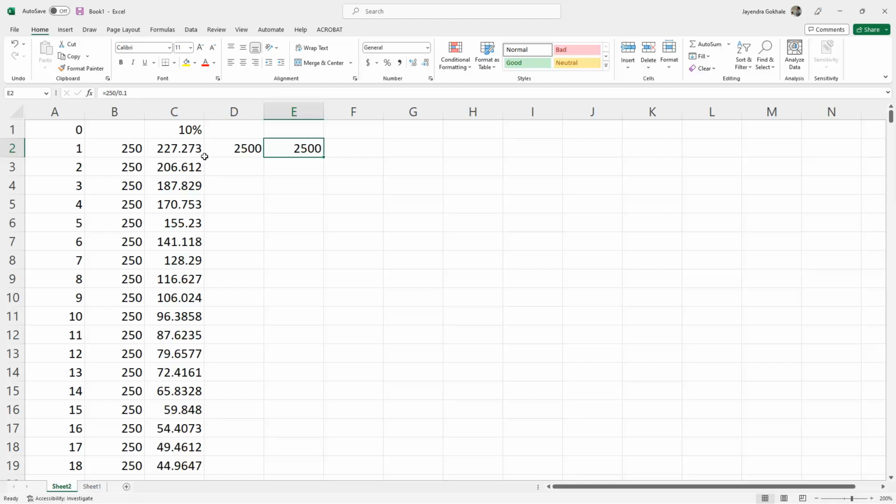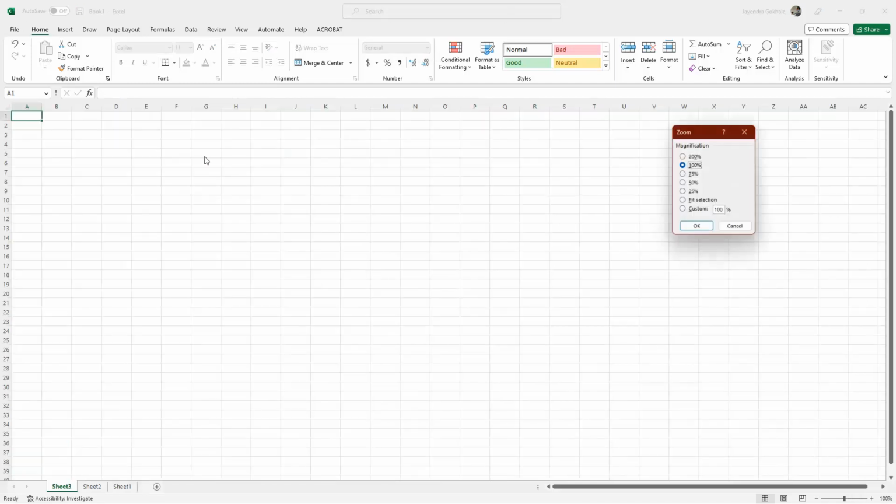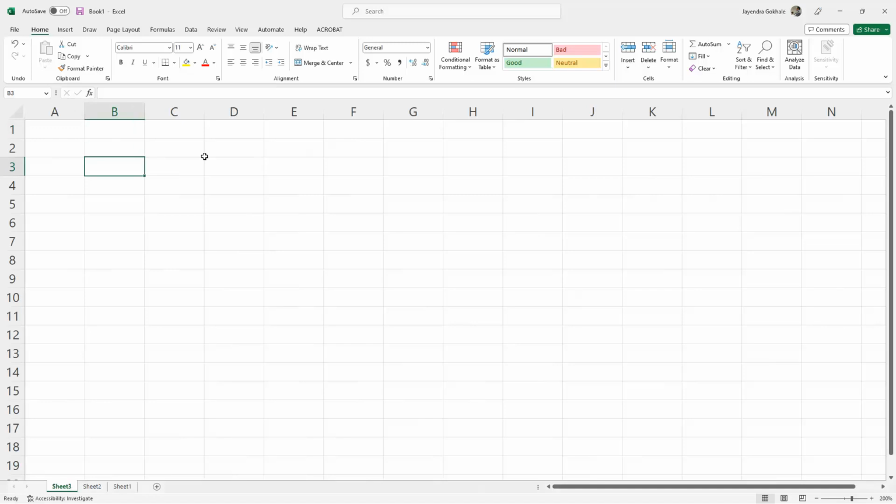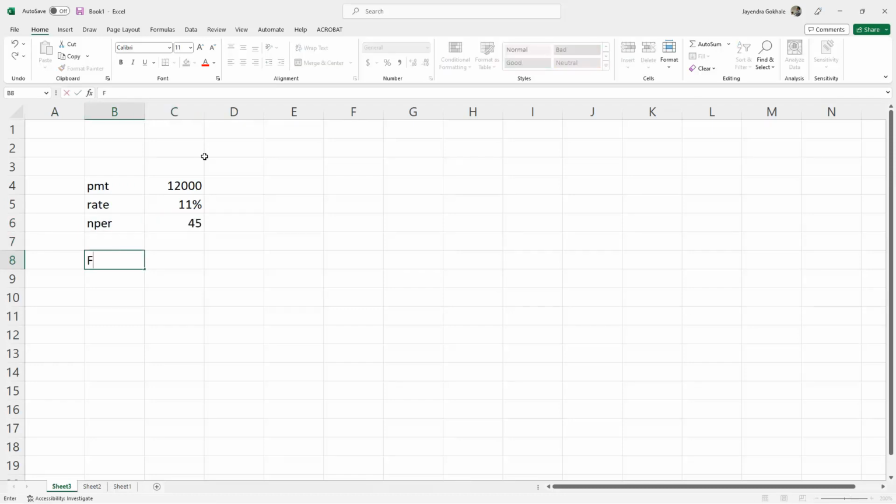Let's create a new sheet here and see what she does. It's an annuity, right? It starts at the end of the first year. So the payment is $12,000, the rate is 11%, the time, or NPER, is 45 years, and she needs the future value.